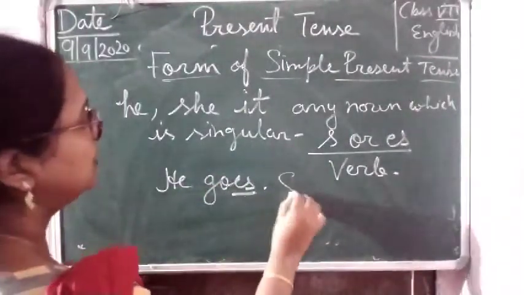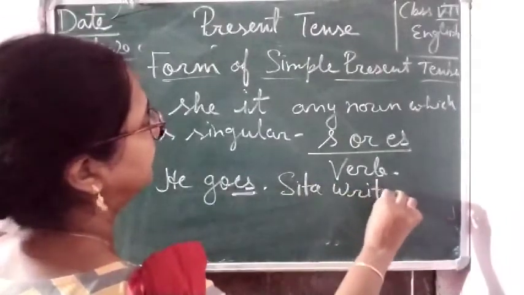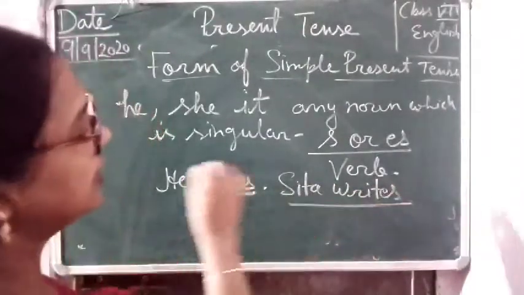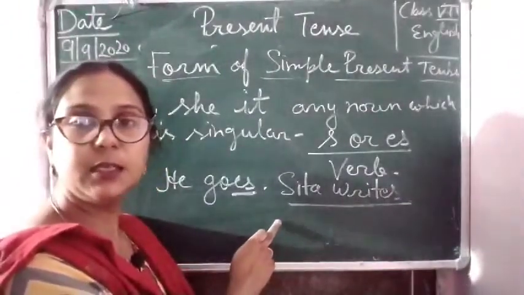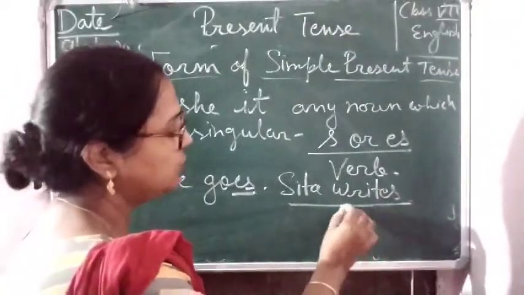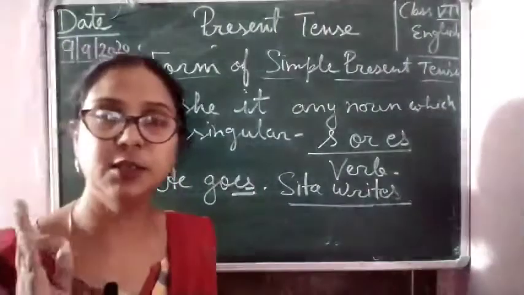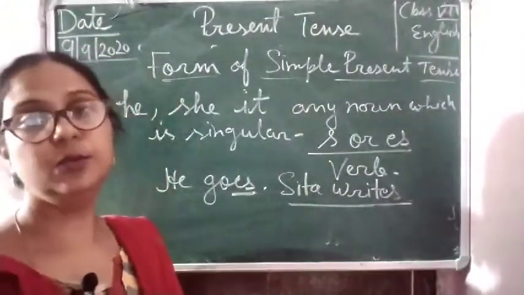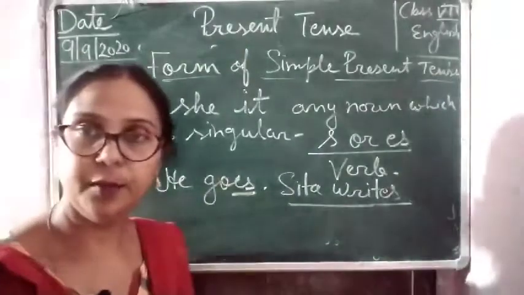Now Sita writes. Here you can see Sita is a singular subject. That is why we have used es. So whenever the subject is singular, you have to use s or es in the verb.